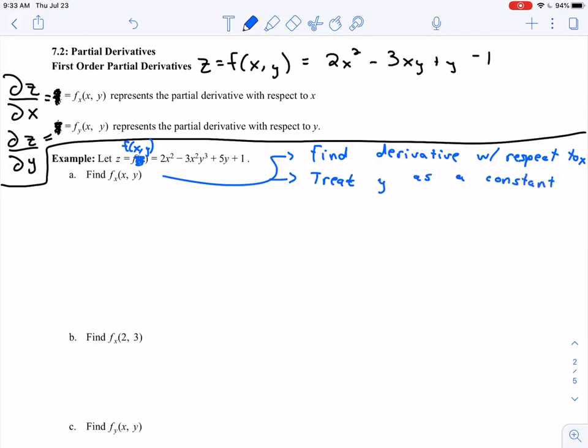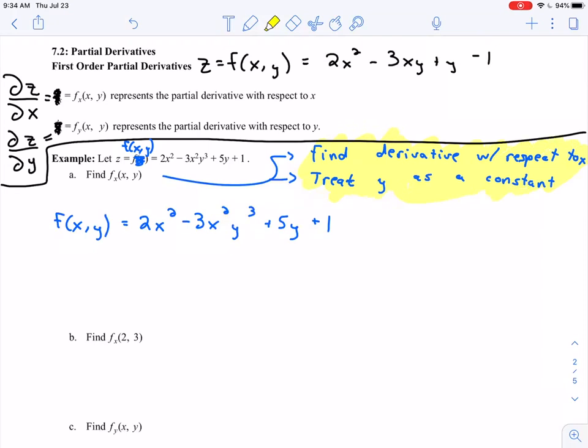So let's just rewrite our function right here. So f of x comma y is equal to 2x squared minus 3x squared y cubed plus 5y plus 1. So I want to keep this stuff right here in mind. We're finding the derivative with respect to x, and we're treating y as a constant.